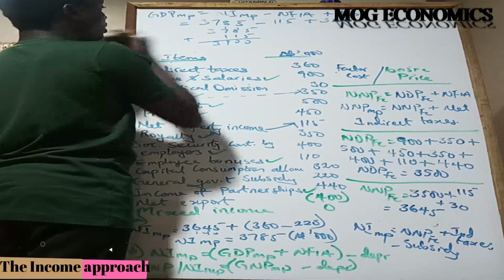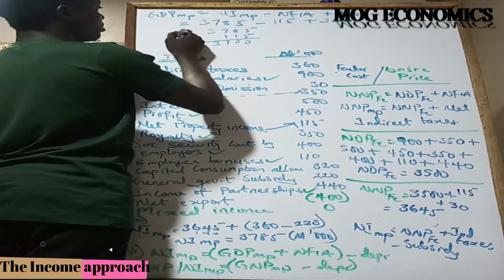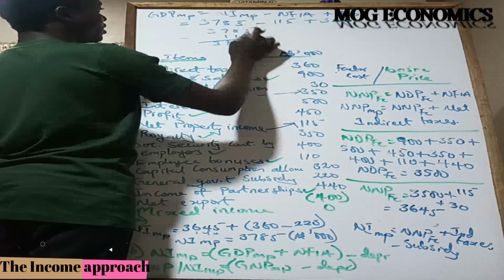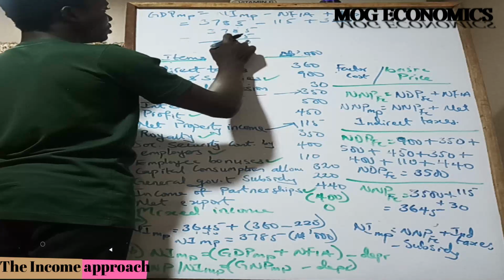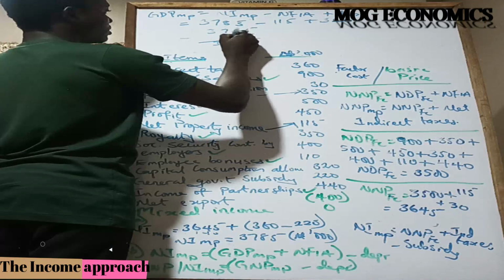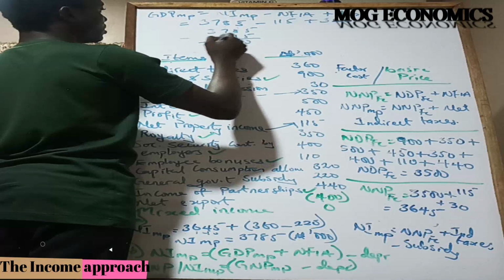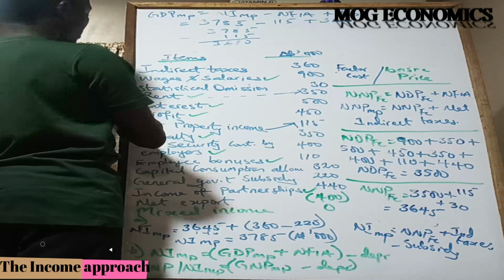Oh, sorry, I was meant to do subtraction. 5 minus 5 is 0, 8 minus 1 is 7, 7 minus 1 is 6. So we have 3670.